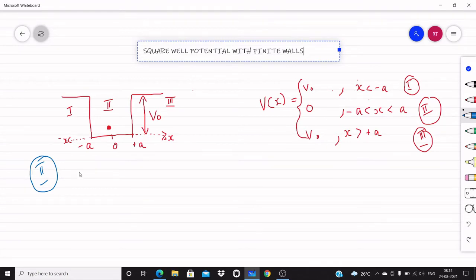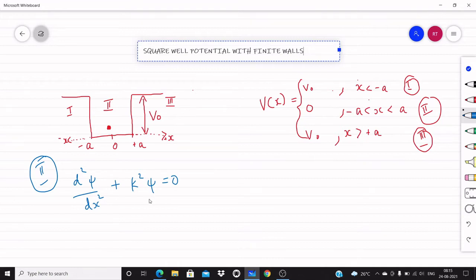So let us write the Schrodinger equation: d square psi by dx square plus k square psi is equal to 0. That means the particle is a free particle within this finite well.